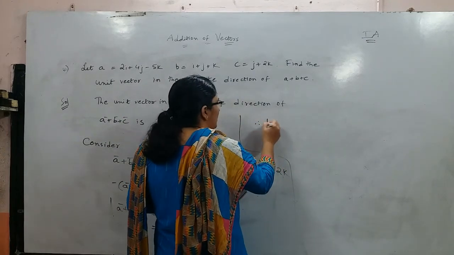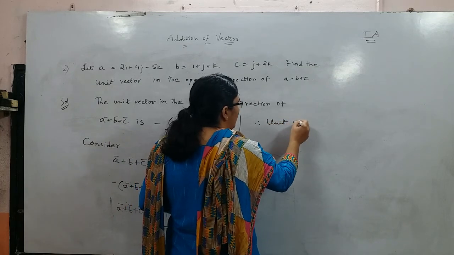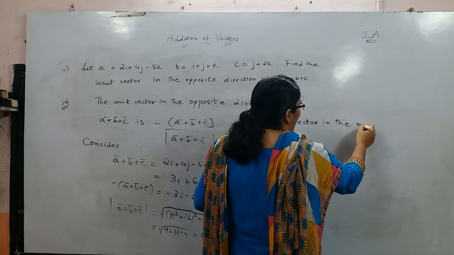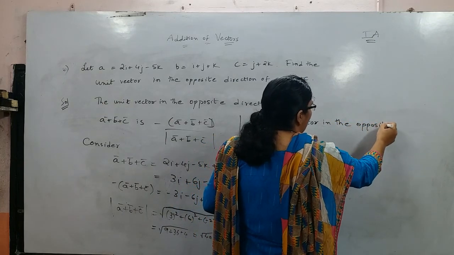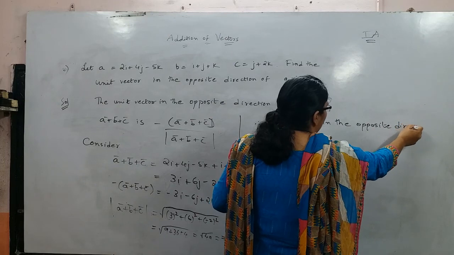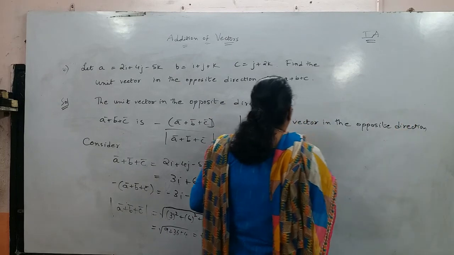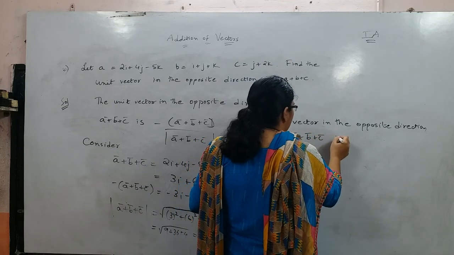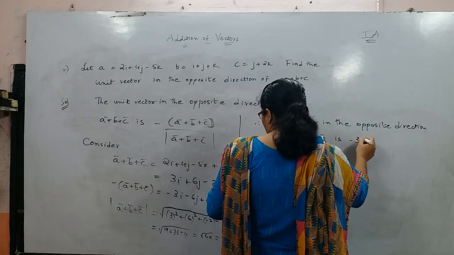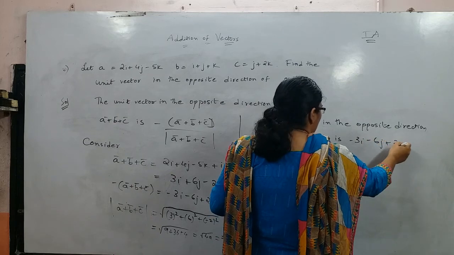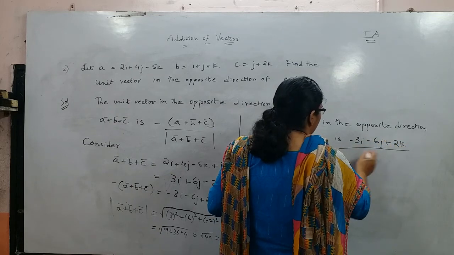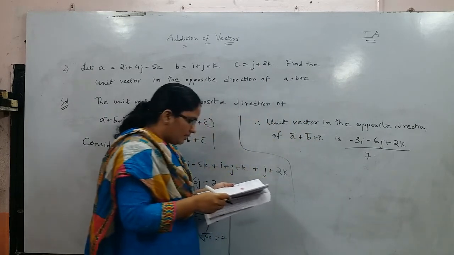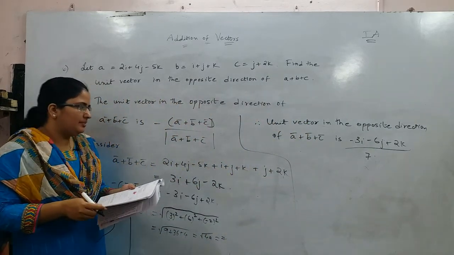Therefore, unit vector in the opposite direction of A bar plus B bar plus C bar is minus 3i minus 6j plus 2k by 7. That is about the problem. This is the unit vector.